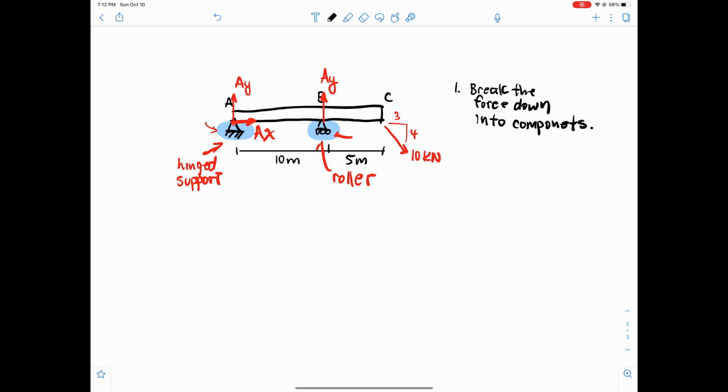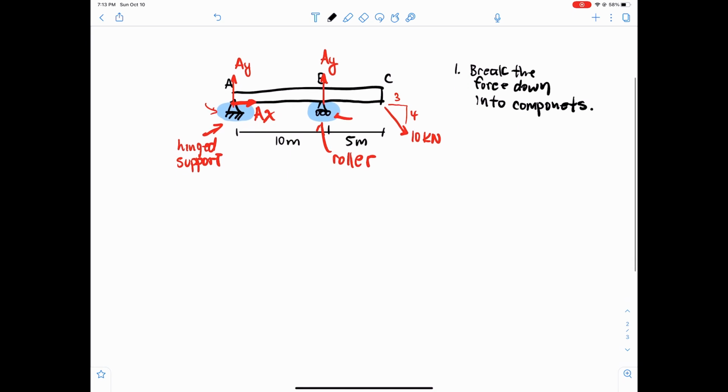The reason why you want to do this is because it will ultimately be easier to calculate with your 3 equations. Now, if you're unfamiliar with your trigonometry, I can briefly explain that to you, but this is a 3, 4, 5 triangle, which means that if this force is 10 kilonewtons, all we have to do is adjust it.